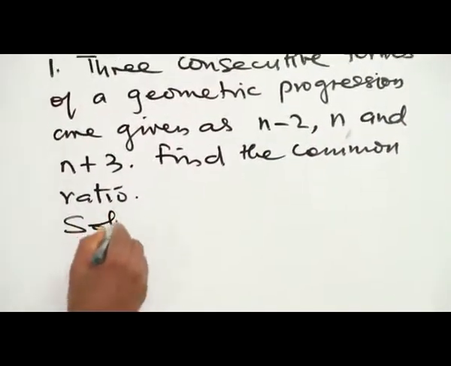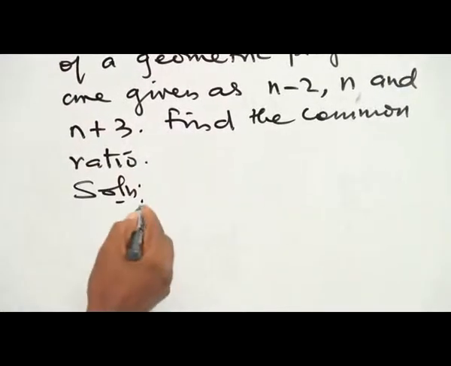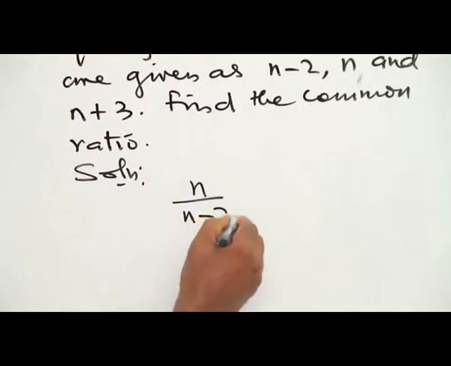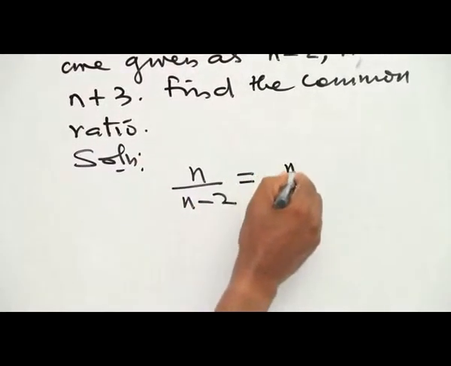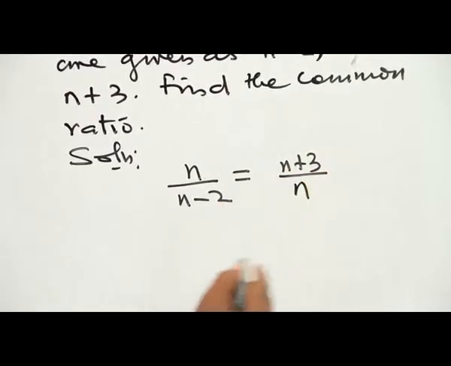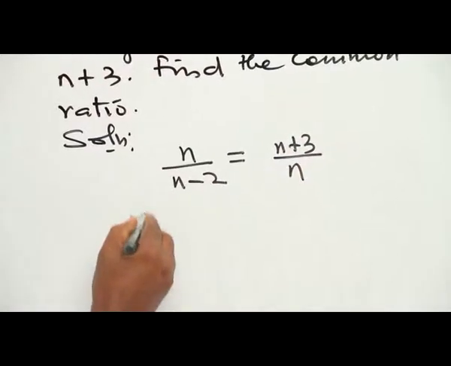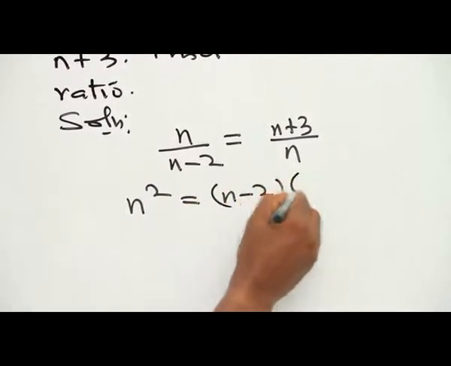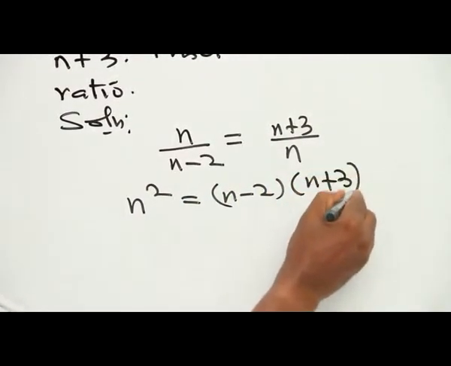Your solution, the common ratio r is n all over n minus 2 is equal to n plus 3 all over n. If you cross and multiply, we have n squared is equal to n minus 2 multiplying n plus 3.